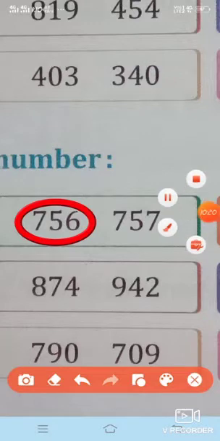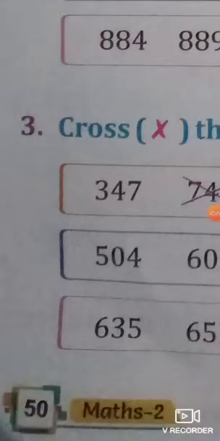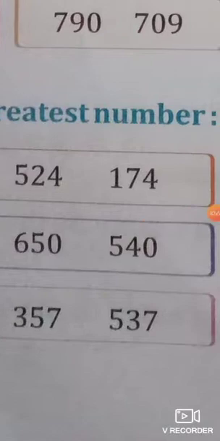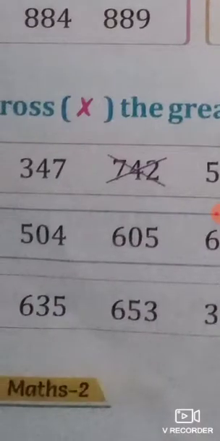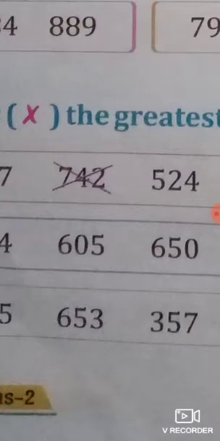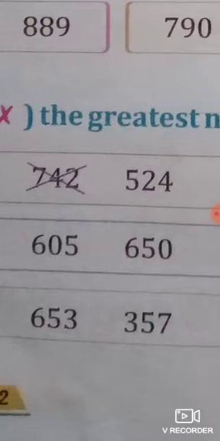Okay, question 3, cross the greatest number. Okay, here 742 is the greatest number compared to the other numbers, so we will cross 742.